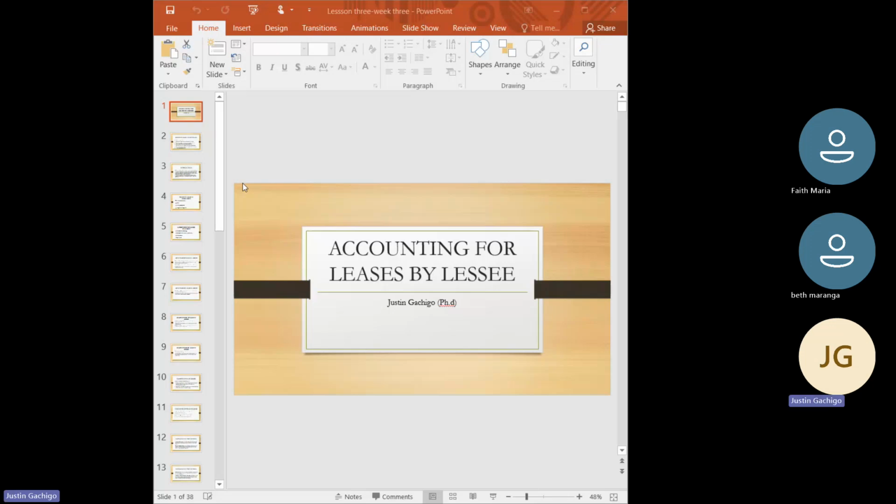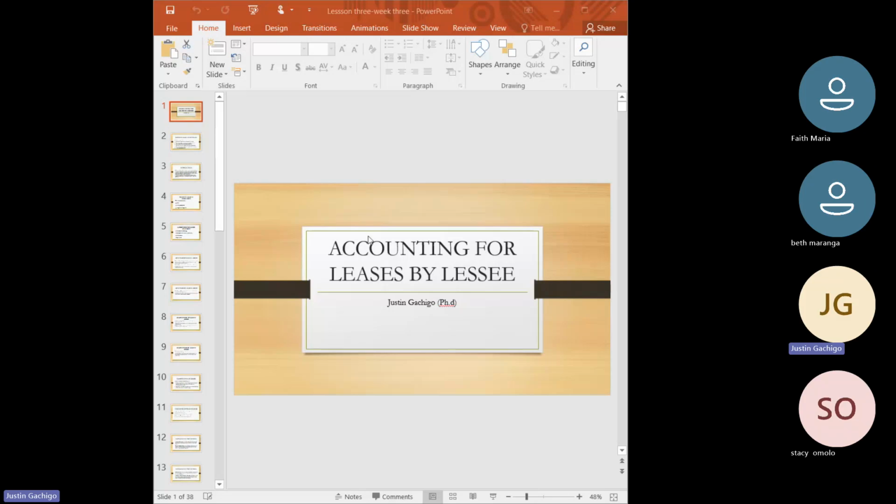So, today we want to look at the accounting for leases in reference to the lessee. That will be our subject of discussion today, and this is our third topic as far as accounting for liabilities is concerned.